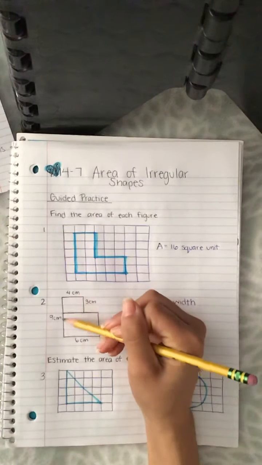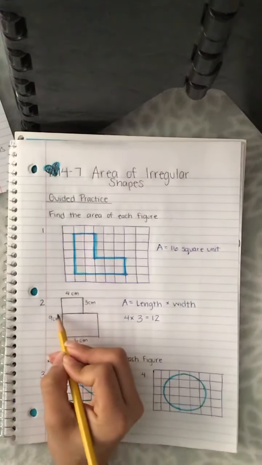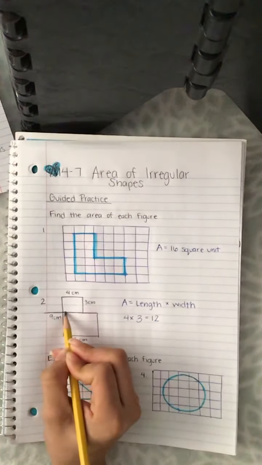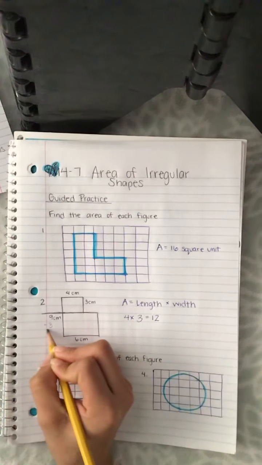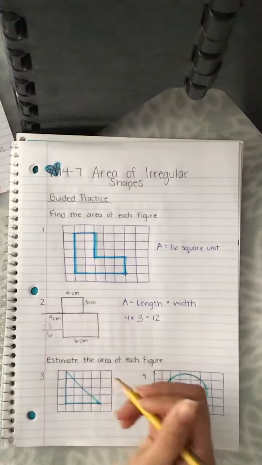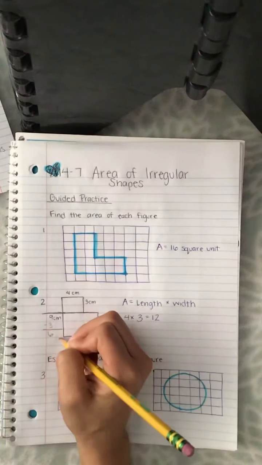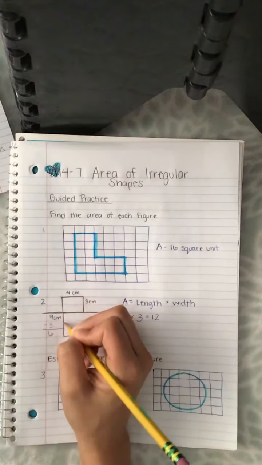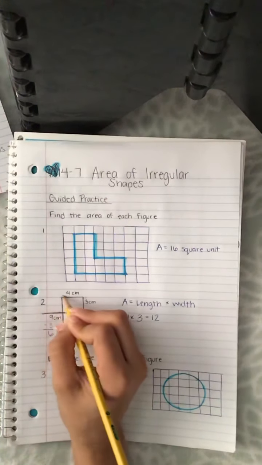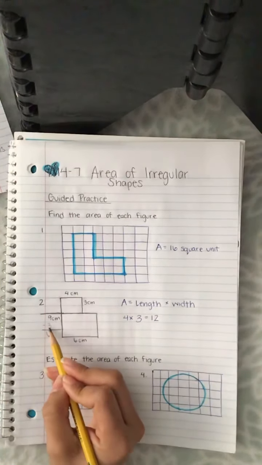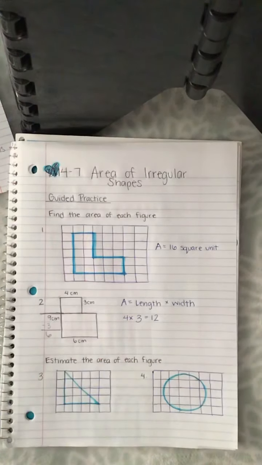Now, to find the area of this shape, we have the width, right? And the length is 9, but we cut off here. We cut off 3 inches, so 9 minus 3 is going to give us 6. Because we cannot count. This whole length was 9, but we took off the 3 inches to make this shape, so we have to take 3 inches away from the 9, that gives us 6.